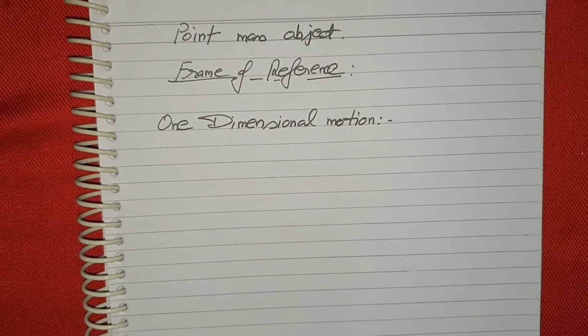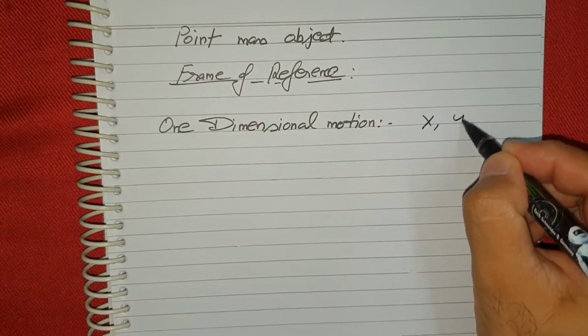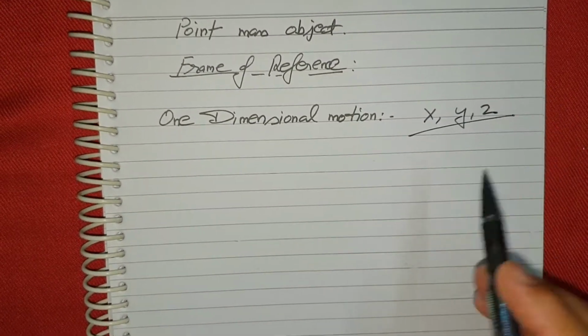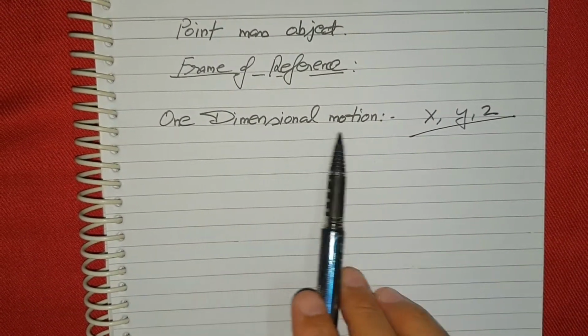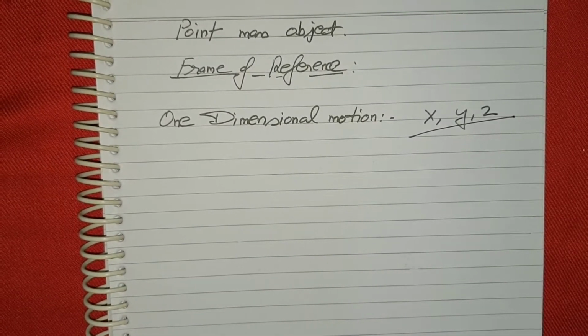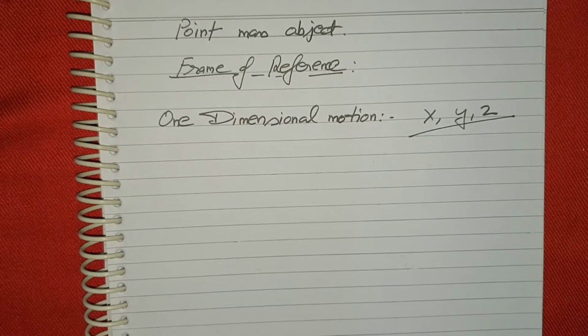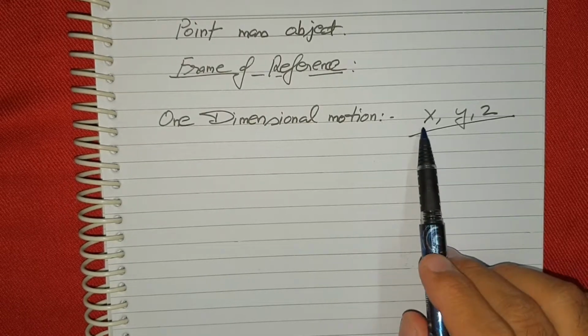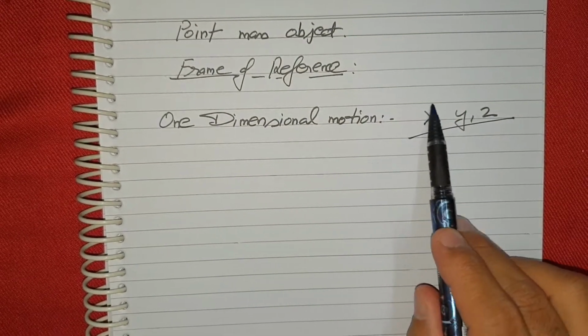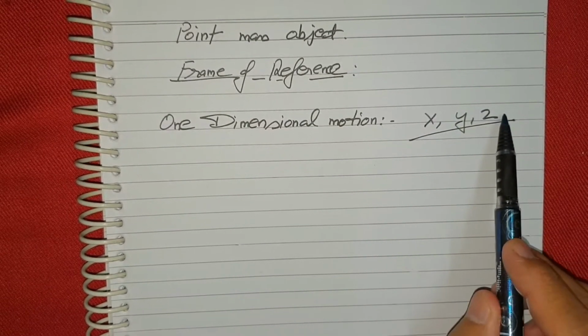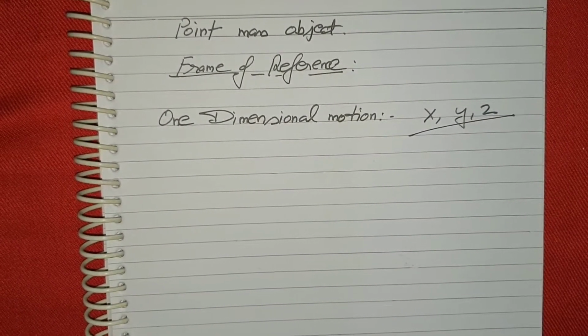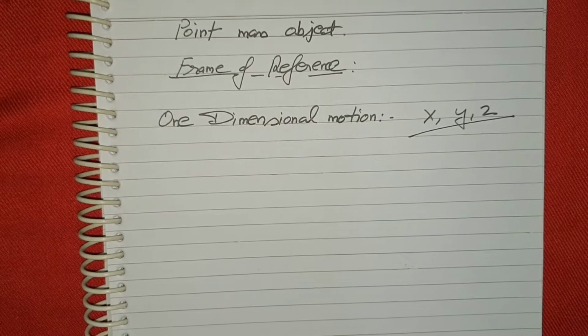See, basically there are three coordinates, x, y and z, with which we describe the position. So, one dimensional motion is actually a straight line motion in which the object is moving in a straight line in a well defined path. Only one of the coordinates is changing, like either x is changing or y is changing or only z is changing, then we say that it is one dimensional motion.